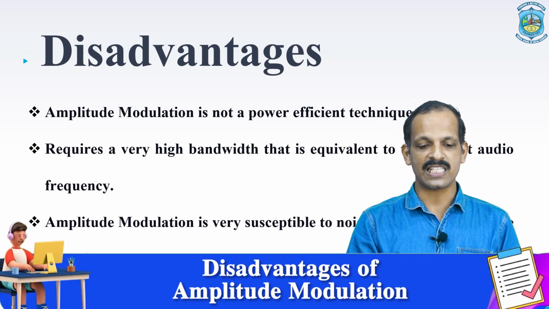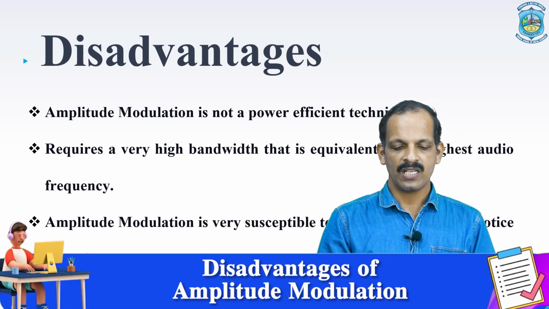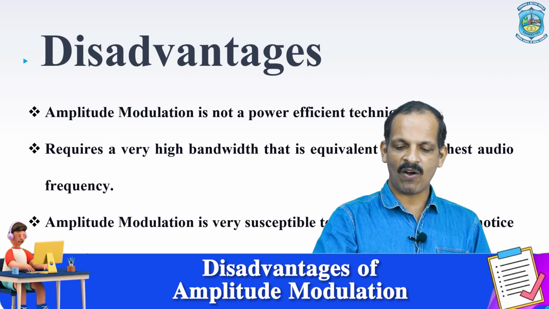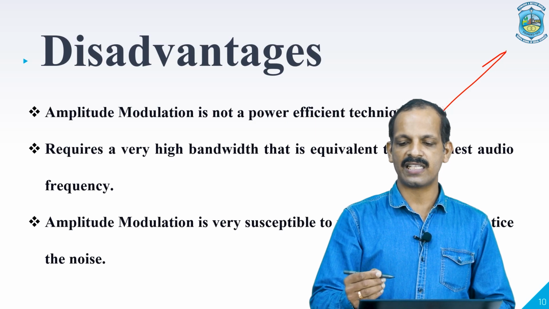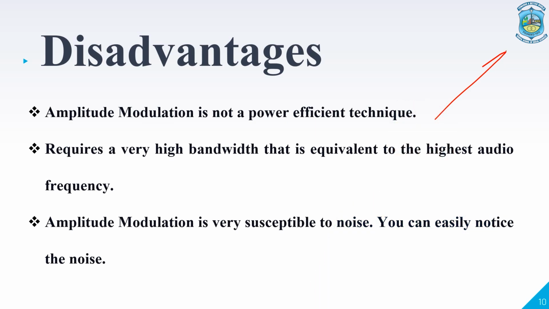When we check the disadvantages, we can say it's not a power efficient technique. It is not a power efficient technique, because for amplitude modulation we need to use a bulk amount of power and it requires very high bandwidth, near about the highest audio frequency bandwidth.